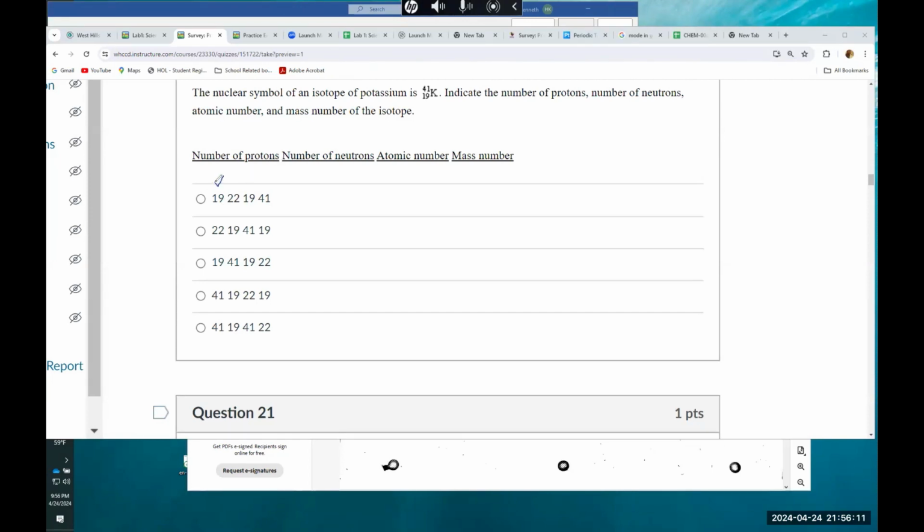Because that first number represents protons. Okay, it's 19, so we can get rid of this one, and that one, and that one. Then the number of neutrons: the mass number is 41. Yeah, that's right. So we can get rid of this one, so it is the top one. Good way of looking at it. Found a quick solution.